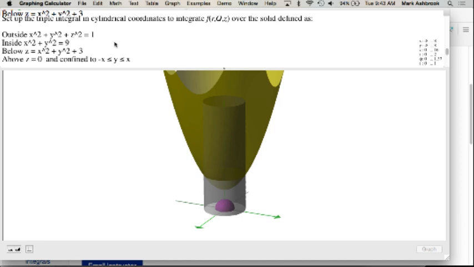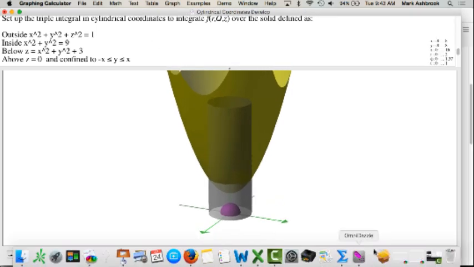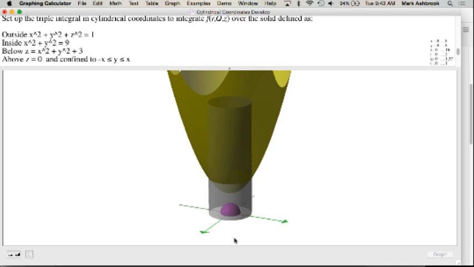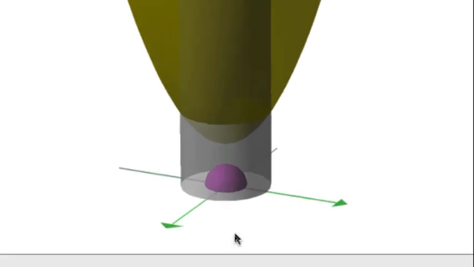Okay, and so then there's one last thing, which is, what does it mean to go from negative x less than or equal to y less than or equal to x? So it's talking about two lines. Okay. Y equals x and y equals negative x. Yeah, so y equals negative x is where?